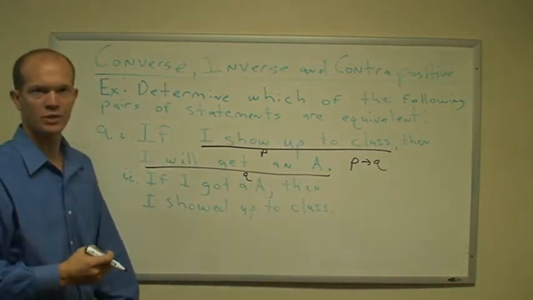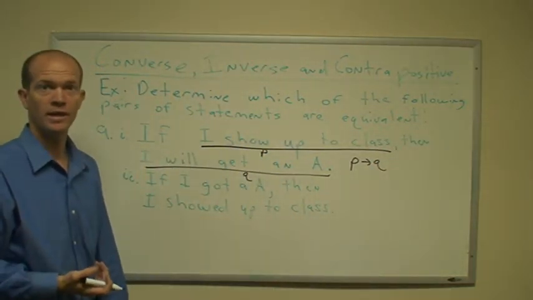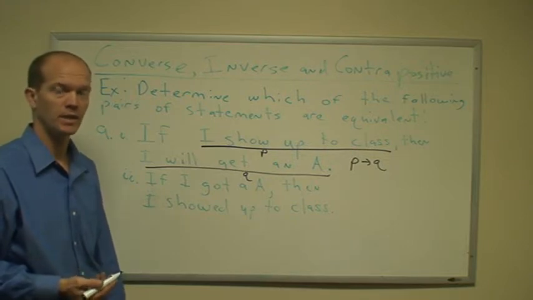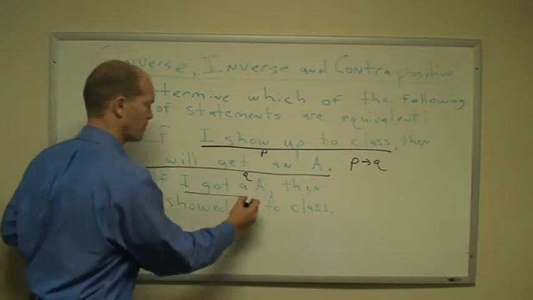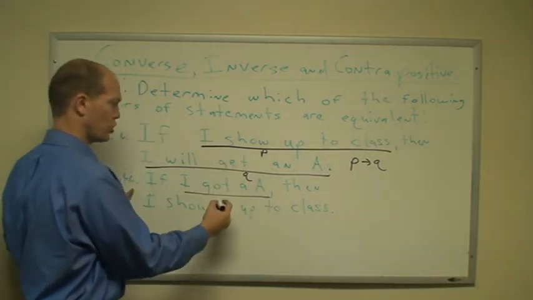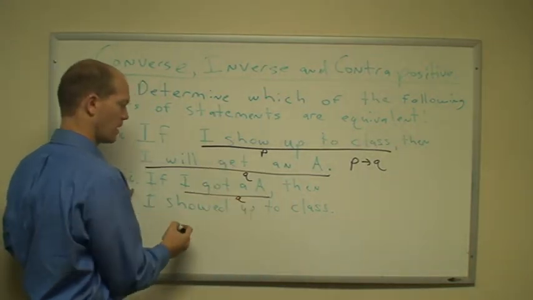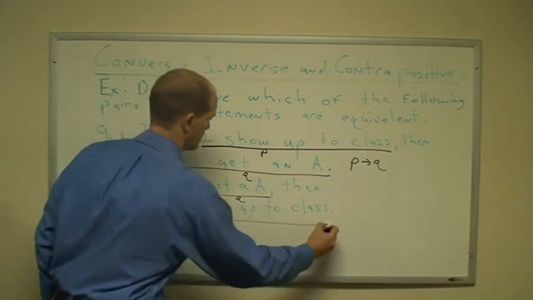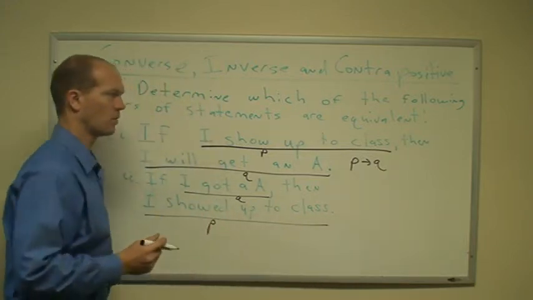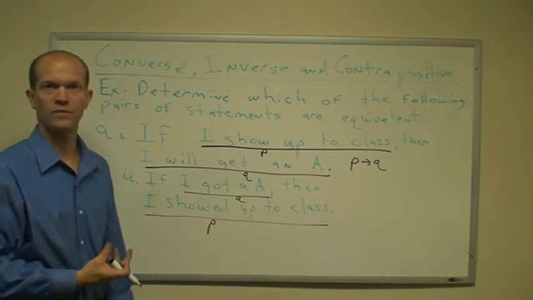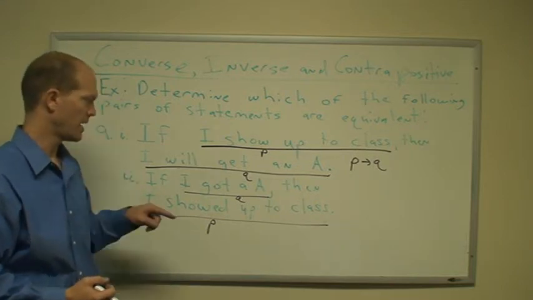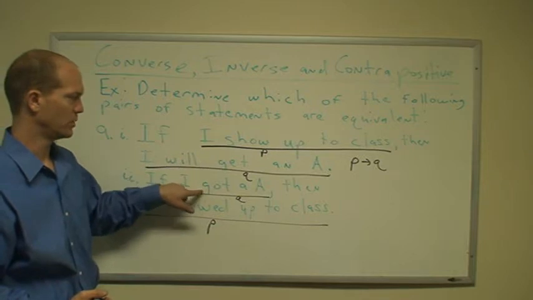Once I've done that with both statements, I'll compare them and determine if the relationship between them is equivalent. Looking at number 2, if I got an A was Q, and I showed up to class was P. I'll reiterate that the tense here is not going to matter in our understanding of the logical equivalence of the statements. I don't really care that I went from I will get to I got.